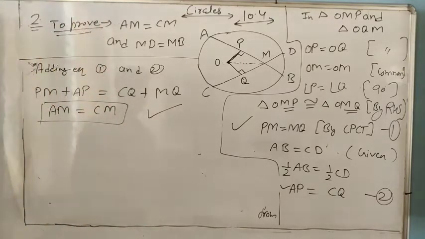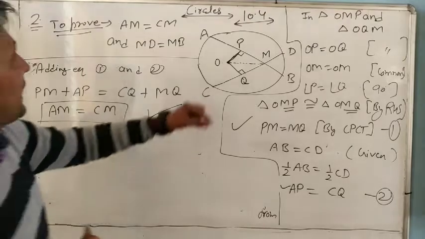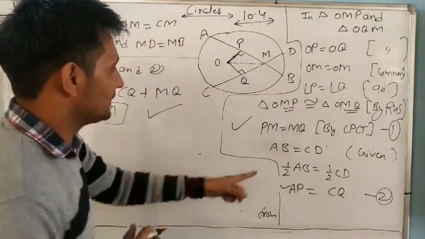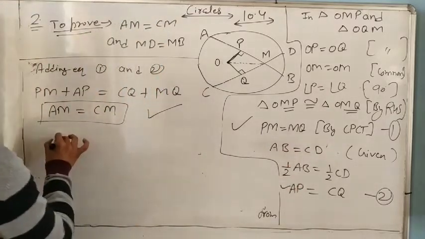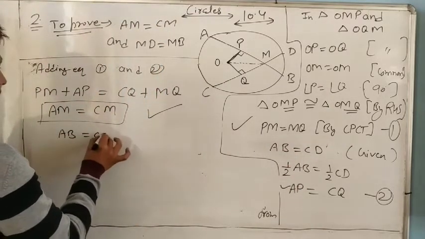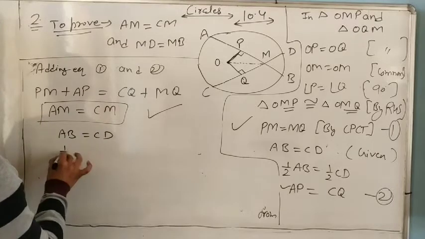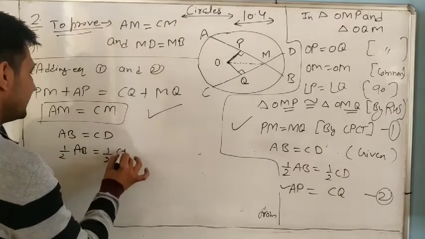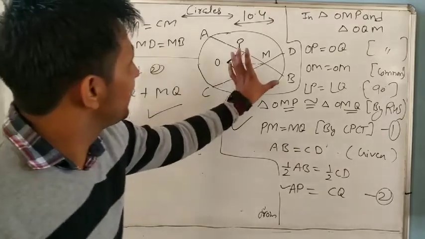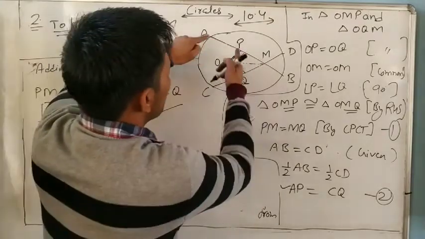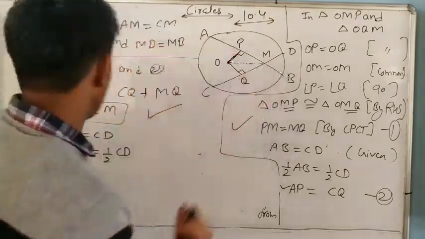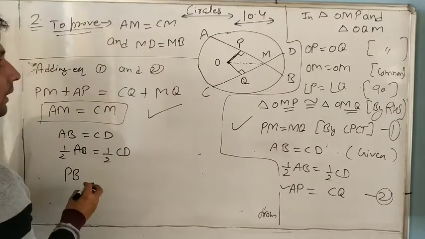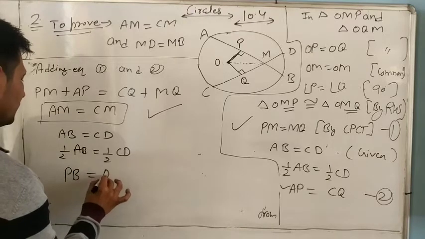Same as it is. Now what remains is MD equal to MB. AB equals CD, and it means half of AB equals half of CD. Half of AB is PB, equal to QD.